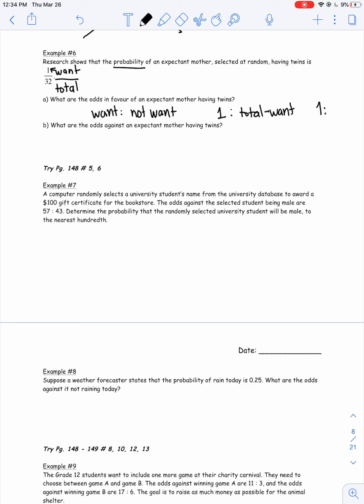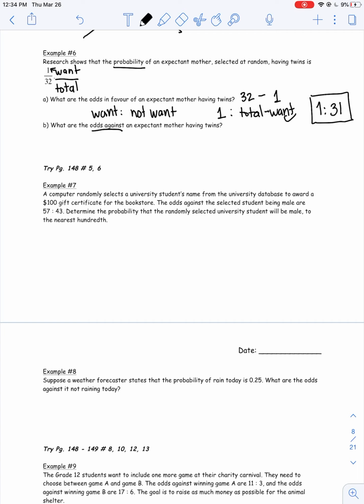In our case, our total was 32, and we're subtracting our want, which is 1. That means there's one mother that is going to expect twins versus 31 mothers that are not going to have twins. So this is the answer for A.